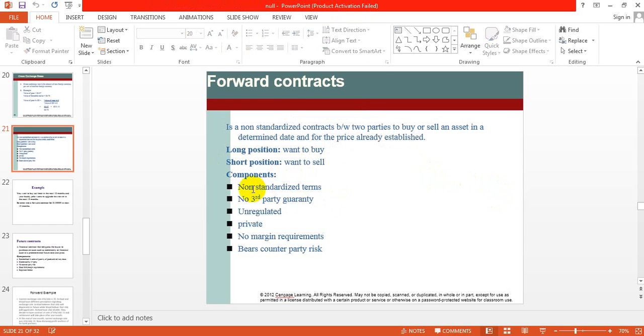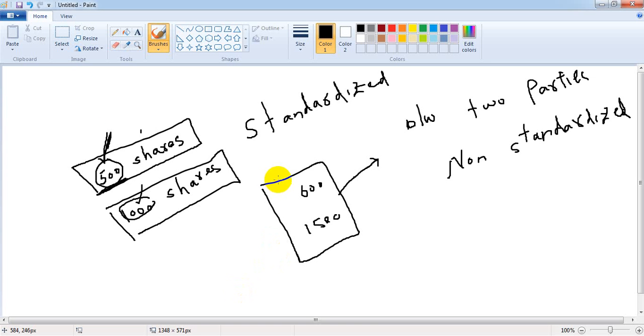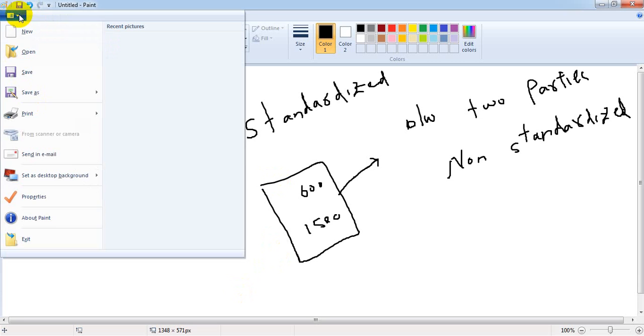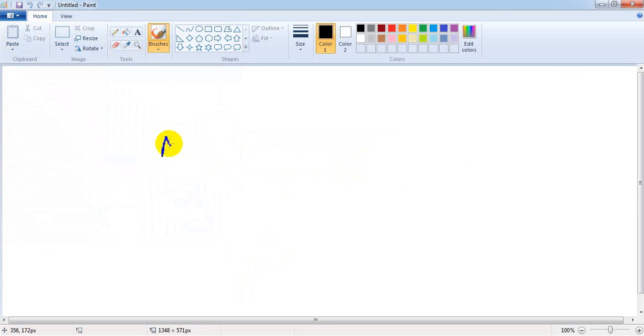Now the components of forward contracts, the features. The first thing is non-standardized terms: for any amount, for any quantity, you can enter into this agreement. The second is no third-party guarantee. In this contract, there is no third-party guarantee. If this is A and this is B, the contract will be between these two parties.